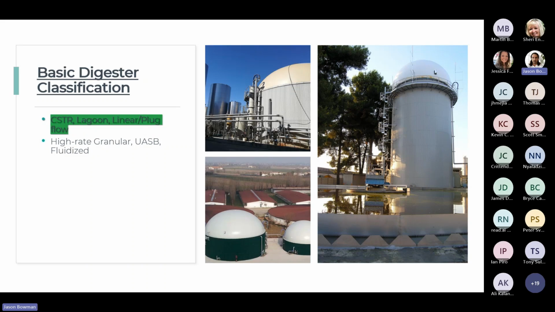As you get into high rate systems, a lot of the high rate systems are built around developing granular biomass, and in some cases even ballasted biomass or fixed film systems. But these systems pose a challenge with recuperative thickening because of the size and the structure of the biota that develop in the high rate systems. Typically high rate systems are granular in nature because they're applied to wastewaters that have starch, carbs, sugars, and they develop a very specific form of bacteria that is a granule that requires a very specific form of mixing due to their density.